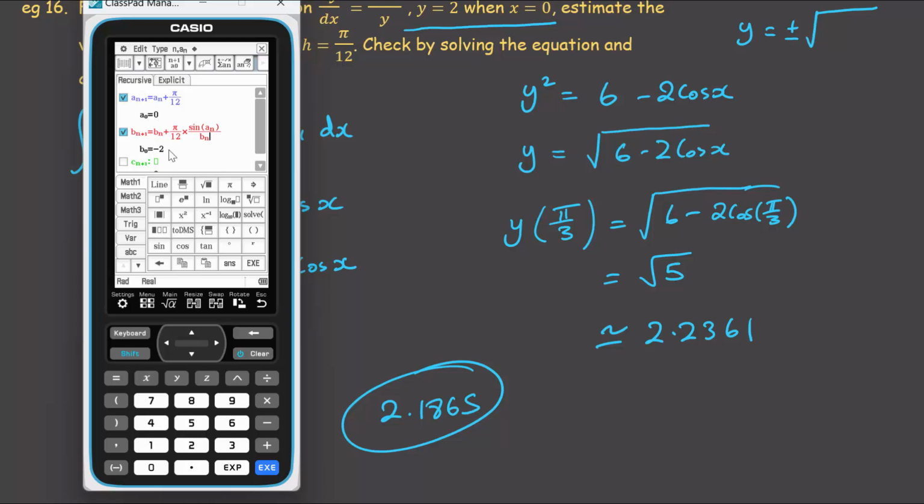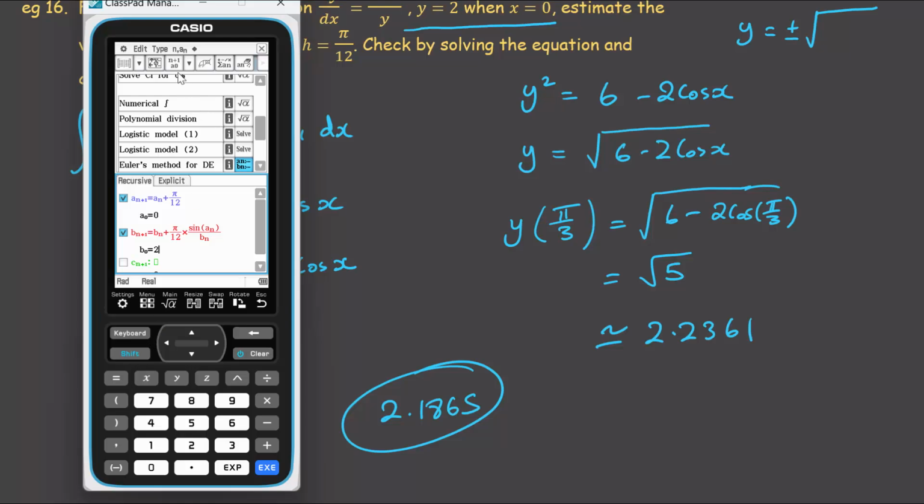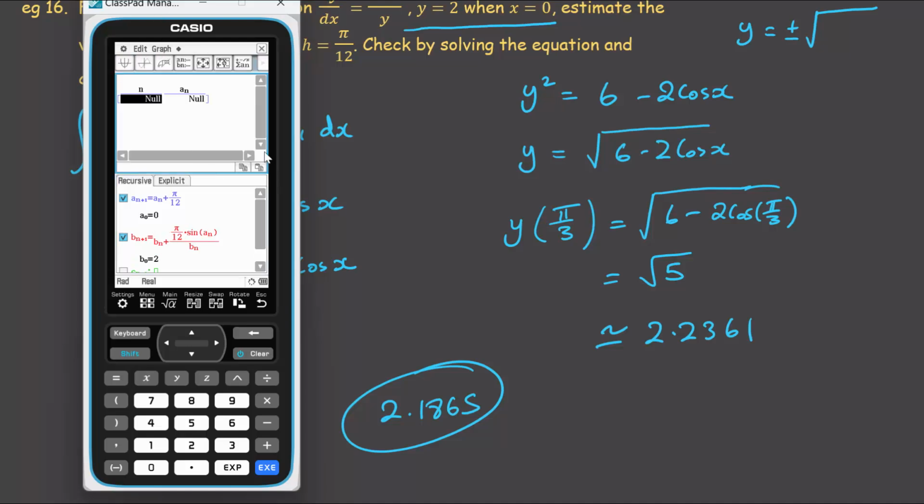That's all good. And our initial value of y was 2. And let's get rid of the keyboard and let's generate that, see what happens. So after 4 steps, 2.1865, notice how it's more accurate in the window below when you click on it. And so that was a correct estimate.